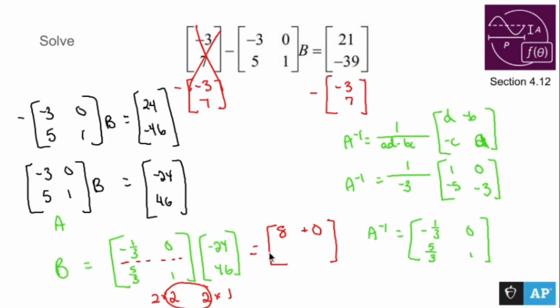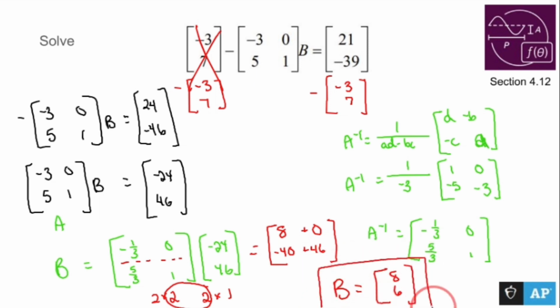Negative 8 times 5 is negative 40 plus 46. So at the end of the day, B is going to equal 8, 6. And what that means is if I were to multiply you to 8, 6 and then make it negative and then add negative 3 over 7, I get 21 over negative 39. Awful, but I did it.